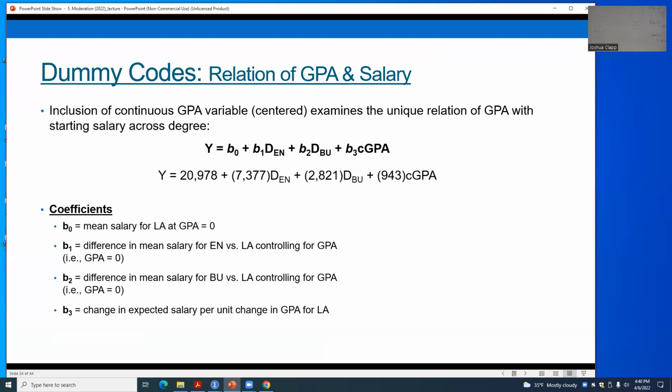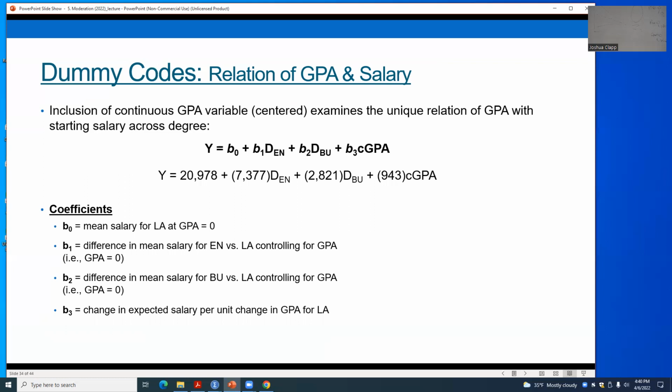Okay. My B1 coefficient here, this is the difference in mean salary for engineering, and the difference in business and liberal arts controlling for GPA. And then here we've got our coefficient, our expected change in salary per unit change for liberal arts.